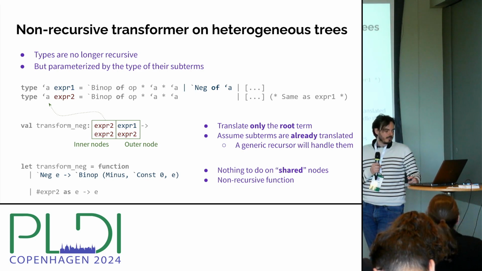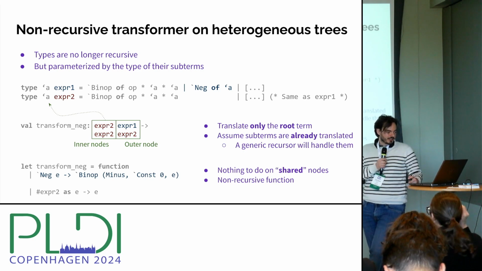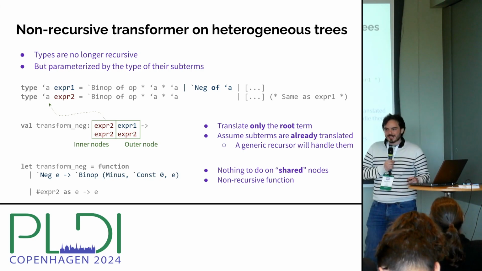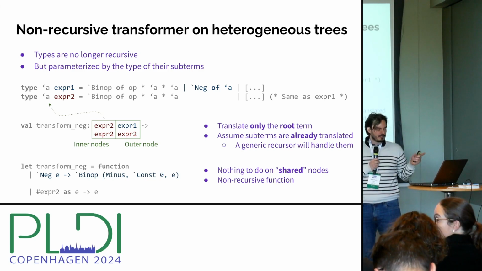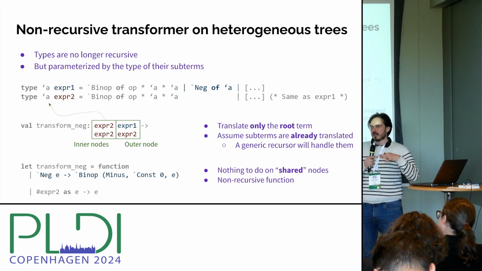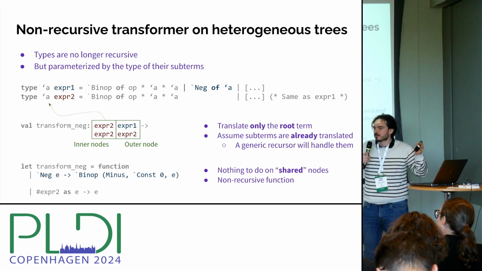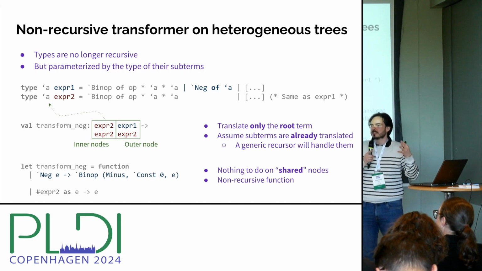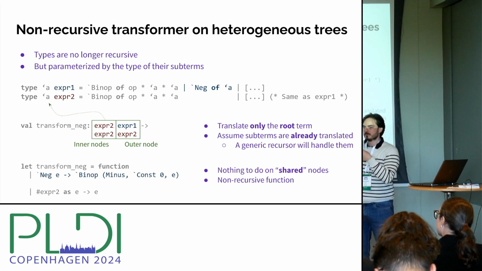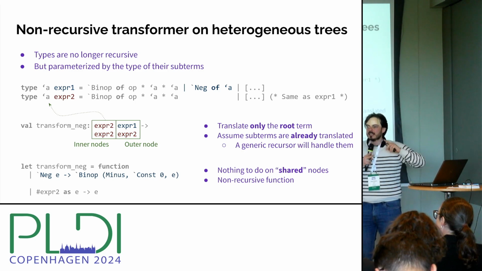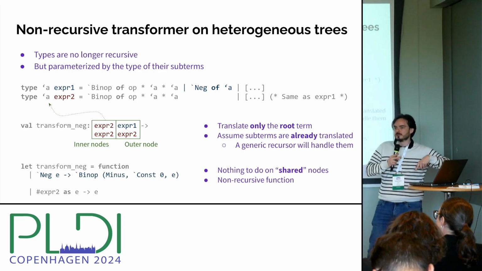Yeah, so great question. No, not the without. A polymorphic variant is a union of the constructors, and you can have one type which is a union of a bunch of constructors, another one that is a bunch of other constructors, and you can say that then expr3 is expr1 or expr2. That's possible.